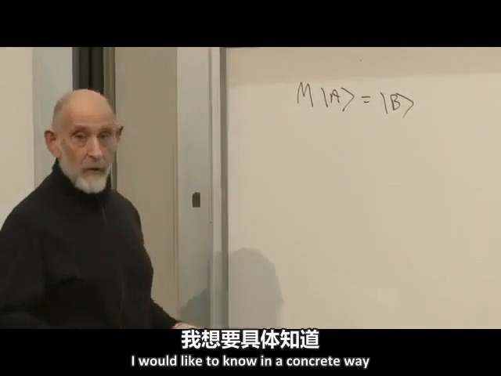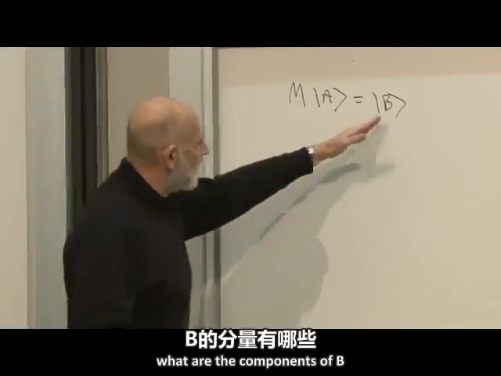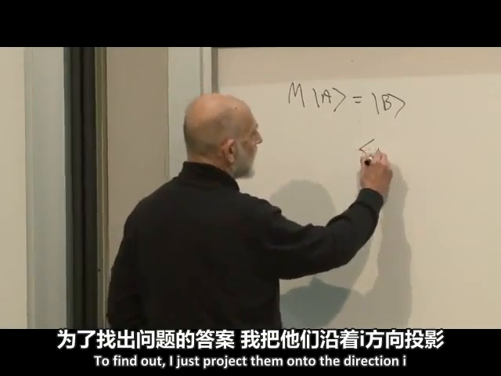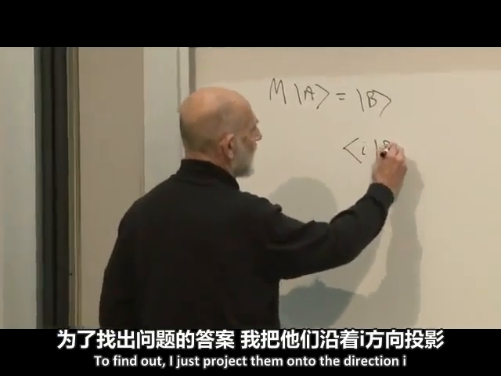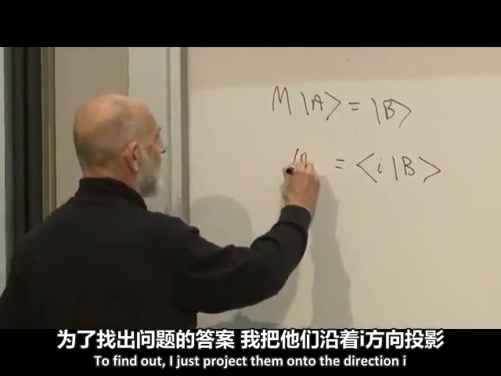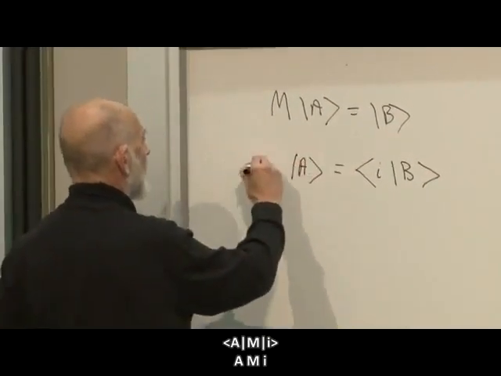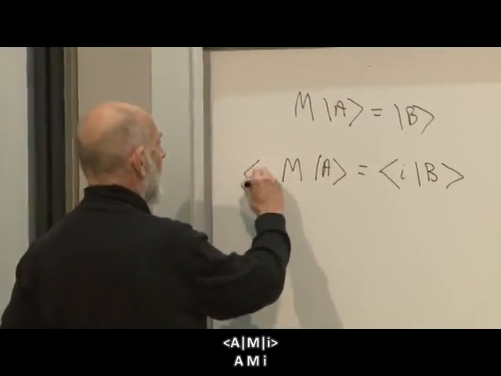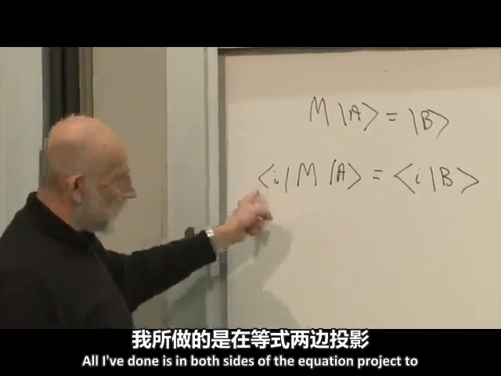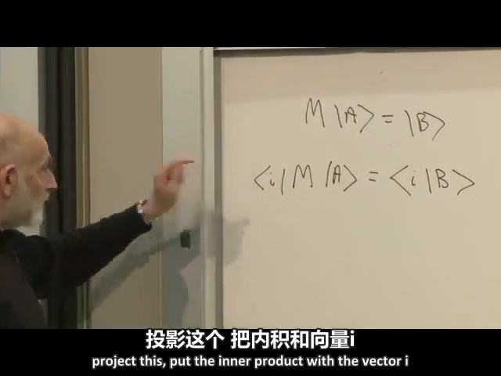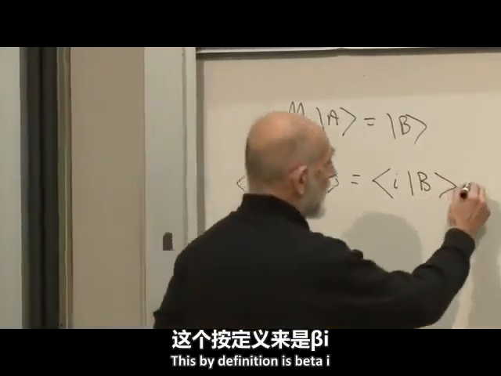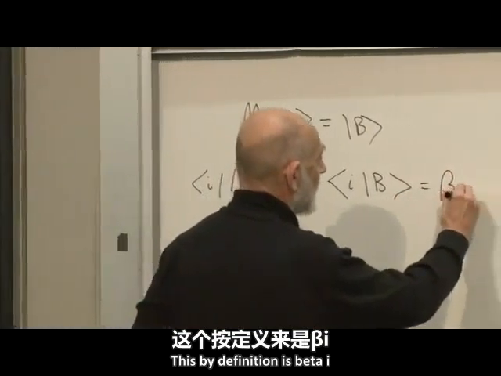I would like to know in a concrete way what are the components of b. So to find out, I just project onto the direction i. All I've done is, on both sides of the equation, take the inner product with the vector i.